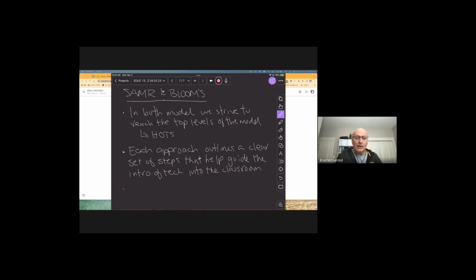Okay. And then the last little one here is, I'm just going to go, SAMR helps to avoid the pitfalls of, and I'm going to use this word here, it has a bit of a negative connotation, but that's okay, self-deception, right?